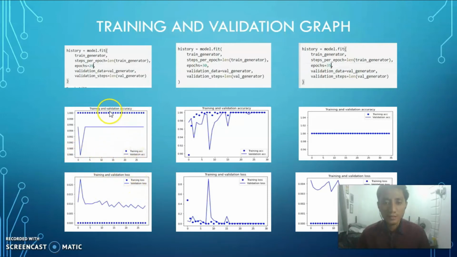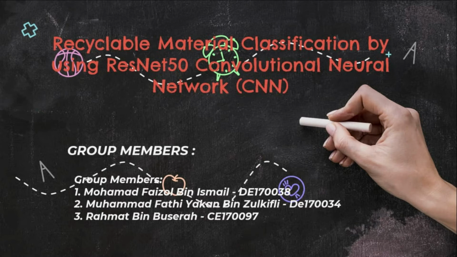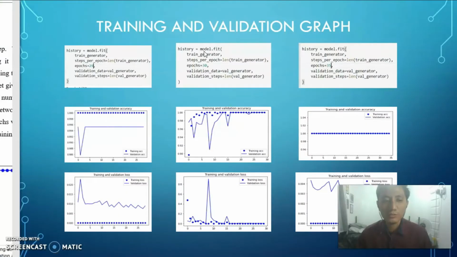So you can see the line. When I'm using epoch equal to 35, the graph is underfitting. So the optimal value for the training and validation is epoch equal to 30. For this training, I am using batch size equal to 8.